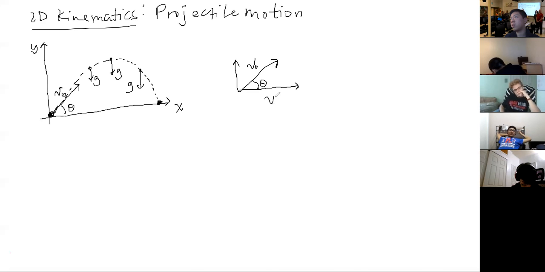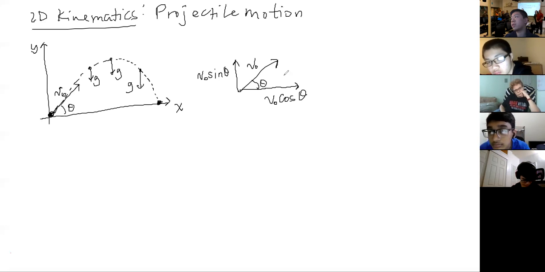If you remember from our vector lesson, this is going to be v0 times the cosine of theta, and this is going to be v0 times sine theta. So it's going to have some initial velocity upwards and some initial velocity sideways. First of all, is there anything affecting the sideways velocity at all?